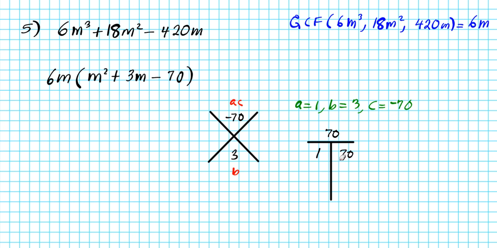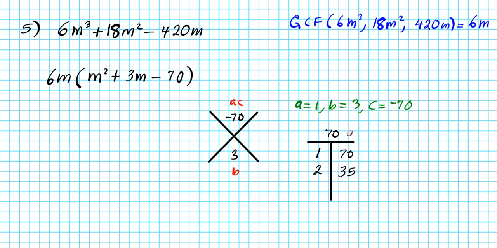A combination of these two numbers gives us 71 or 69. That doesn't work. So let's move on. 2 goes into 70 35 times. A combination of 2 and 35 yields 37 or 33. That's not 3, that doesn't work. Let's move on to the next combination.